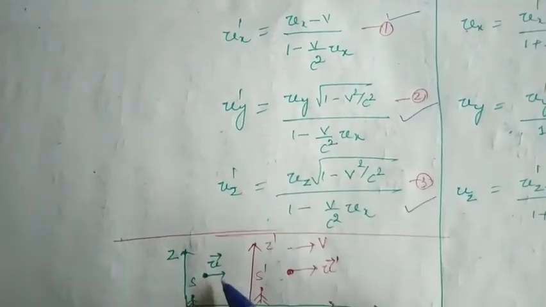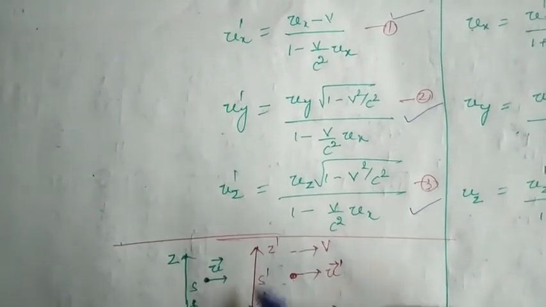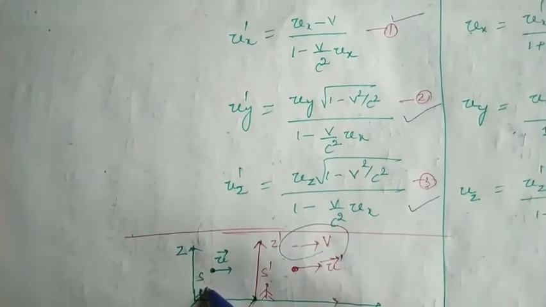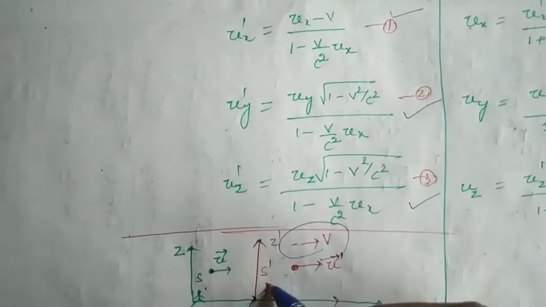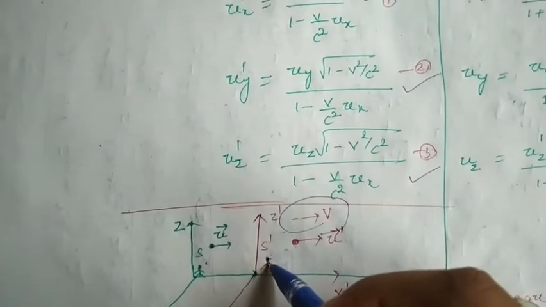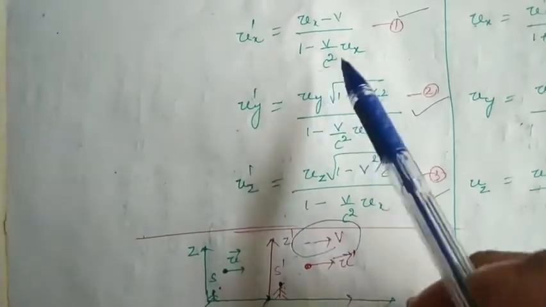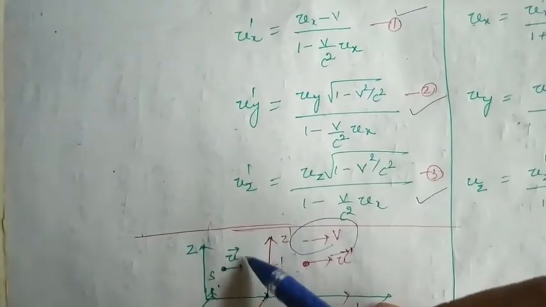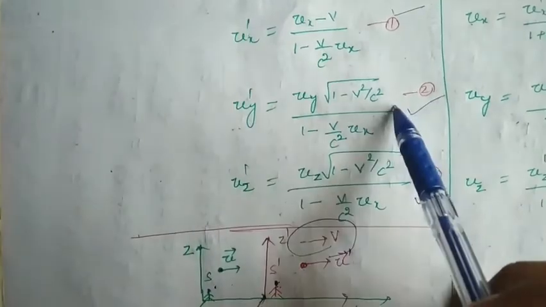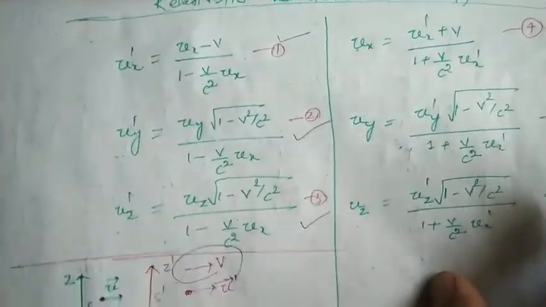That means if u is the velocity in S frame, then the person sitting in the frame moving with velocity v with respect to S frame is going to measure the components of velocity of this particle: ux dash will be this much, uy dash this much, uz dash this much. That we discussed in our last class.